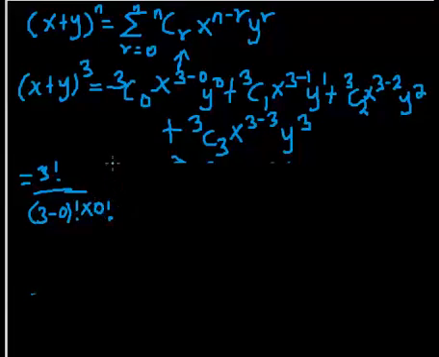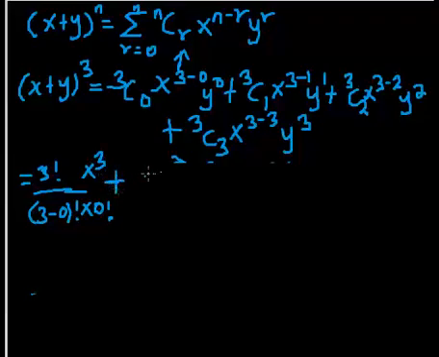Then of course multiply by x raised to the power 3 minus 0, which is 3, then y raised to the power of 0. Of course y raised to the power 0 is 1, so I don't need to write that down. Plus I go to the next.